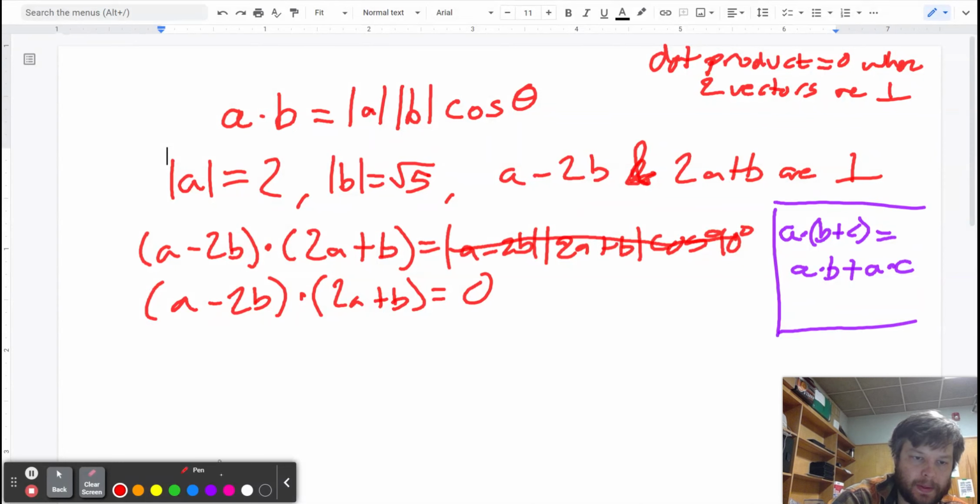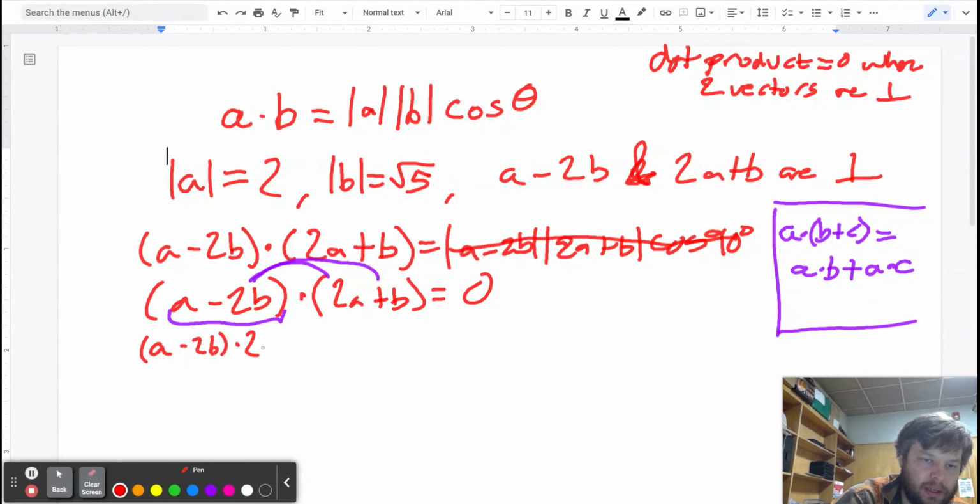So I can take this first chunk and distribute it here and here, resulting in A minus 2B dotted with 2A plus A minus 2B dotted with B. That's going to equal 0.